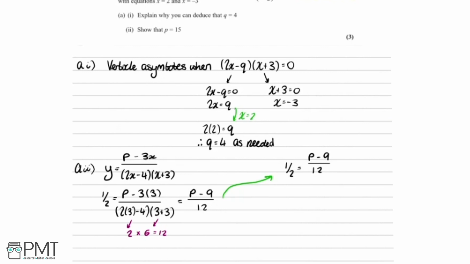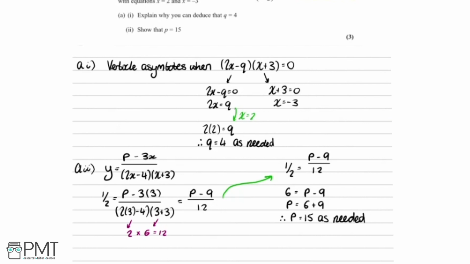If we times both sides by 12, we get 6 equals p minus 9. Therefore p equals 6 plus 9, just by adding 9 to both sides. So p equals 15 as needed.